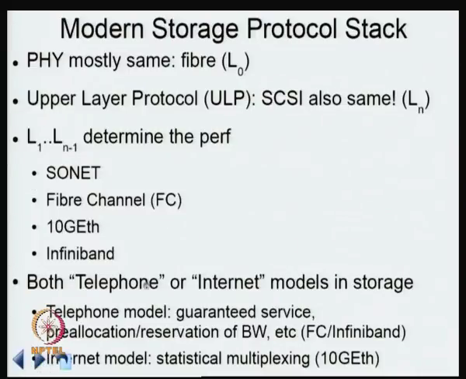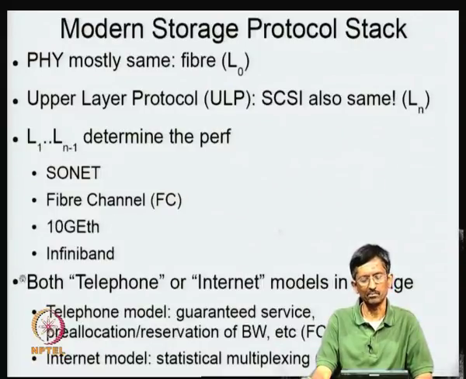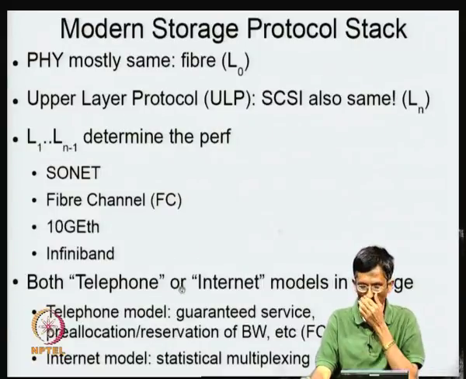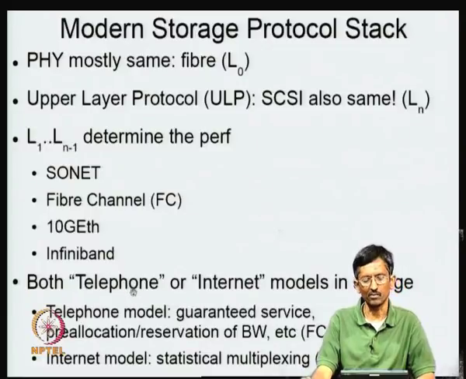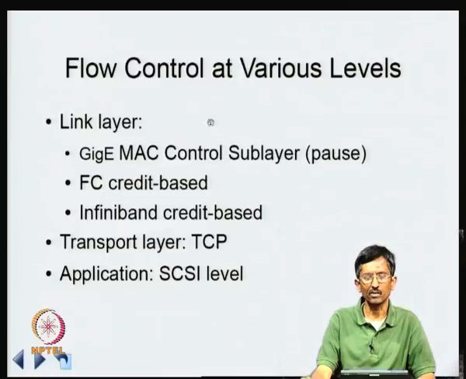Now, whether you go for the telephone model or internet model, you have to actually do lots of other things that go with this particular characteristic. For example, I will just briefly mention one thing, the flow control. Okay.